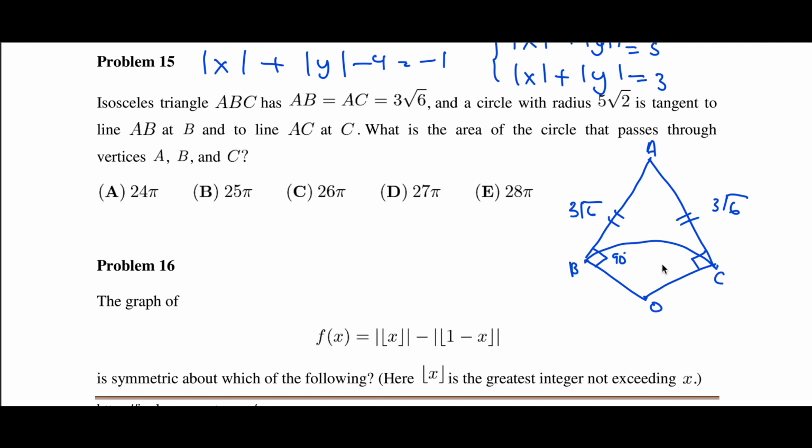Now we need to figure out the circle passing through A, B, and C. Since angle ABO is 90 degrees, and since angle ACO is also 90 degrees, that means AO is the diameter of the new circle.